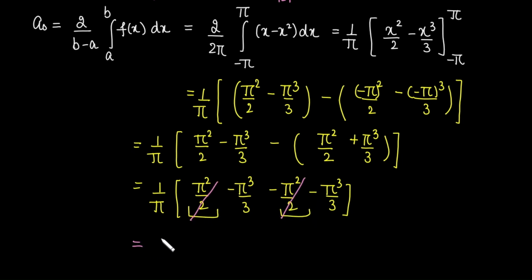So we have 1 upon pi, and this term is equal to this one, but they are in a negative form. So we can write minus 2 times pi cube by 3. Further simplify, this pi gets cancelled with this one. So we have minus 2 pi square by 3. And this is the value of a naught.